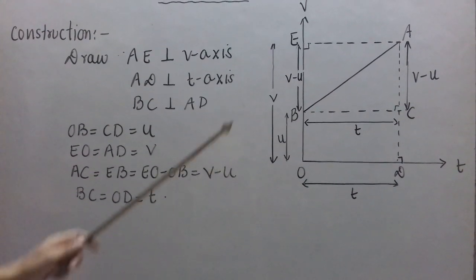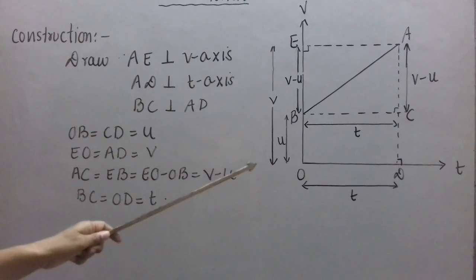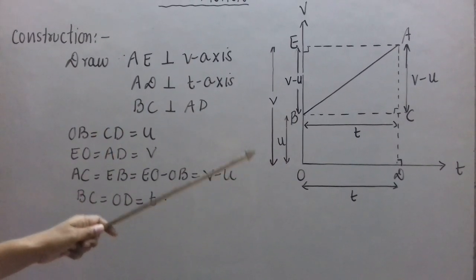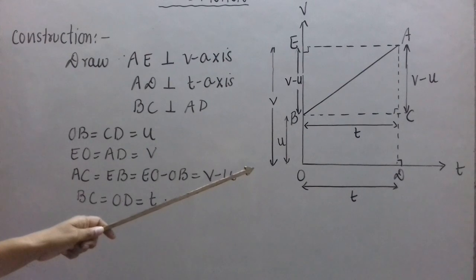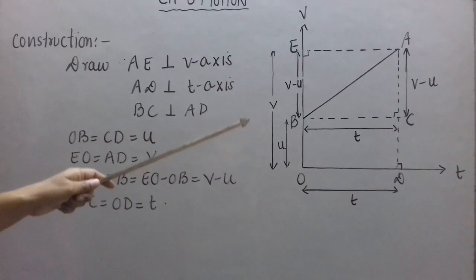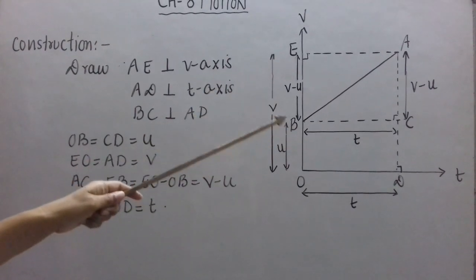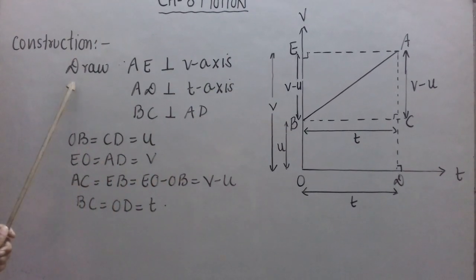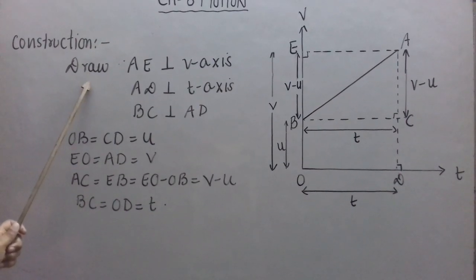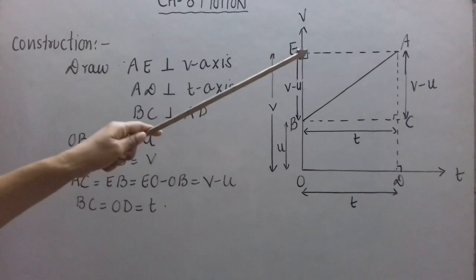So, after drawing the VT graph for a body in uniformly accelerated motion, let us do a little bit of construction. Now what is the construction? See, the graph is AB, a solid straight line, and dotted lines here represent the construction. What construction have I drawn? First of all, I have given the name AB to the graph.